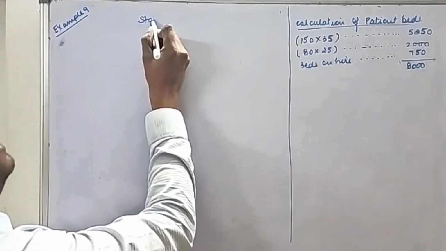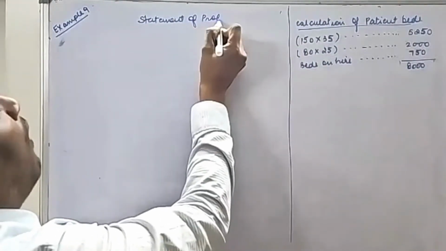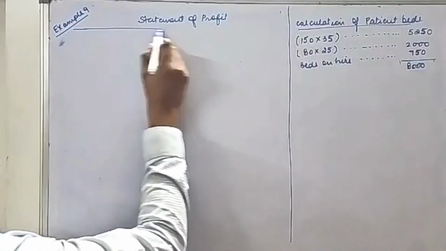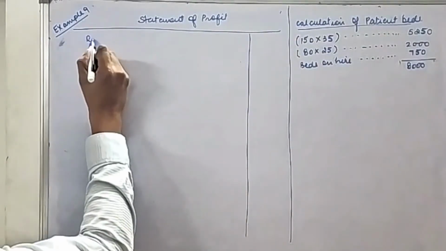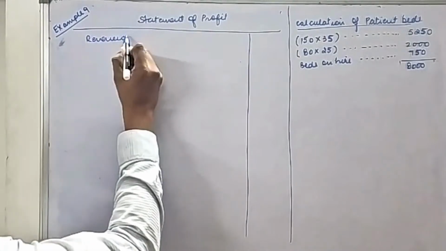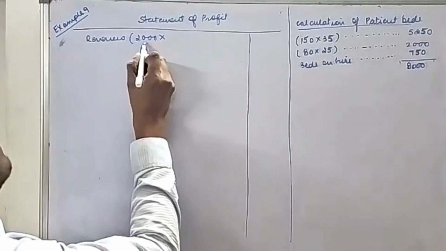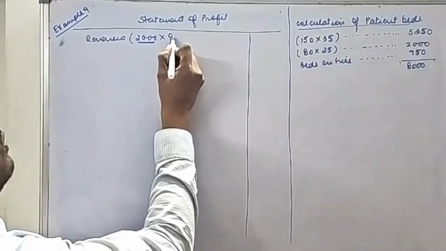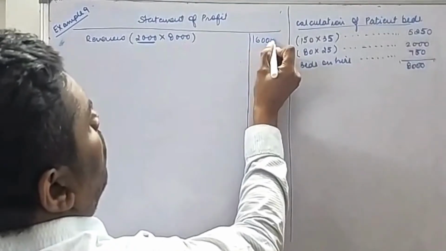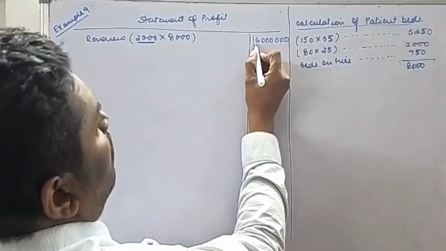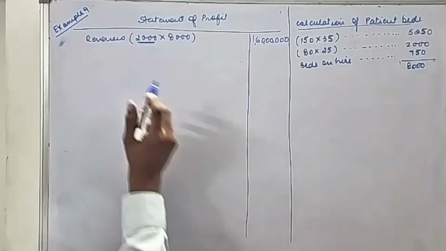Now let's prepare the statement of profit. Since they are recovering rupees 2,000 from every patient, in total there are 8,000 patient beds, so this will be 1 crore 60 lakhs.